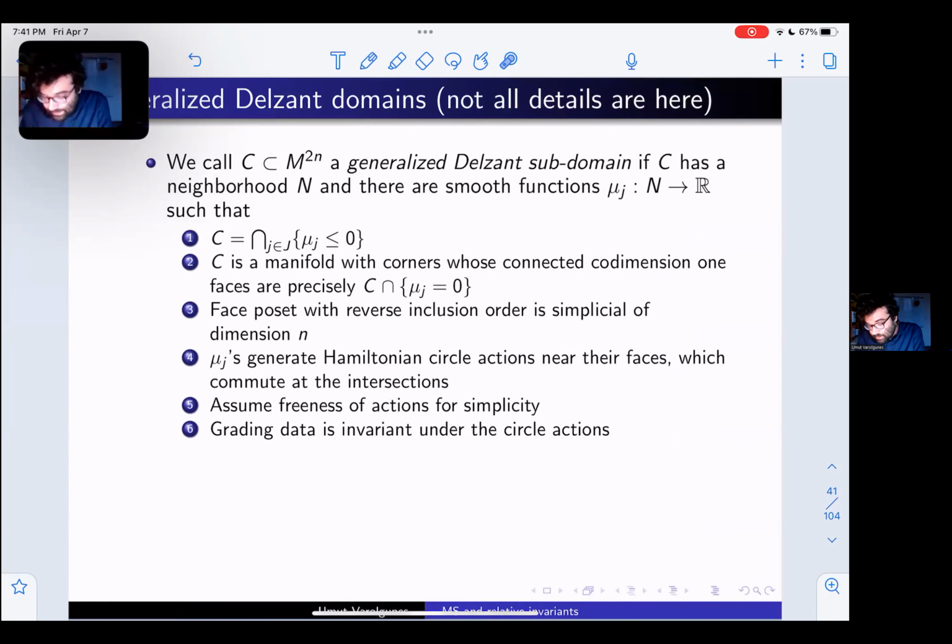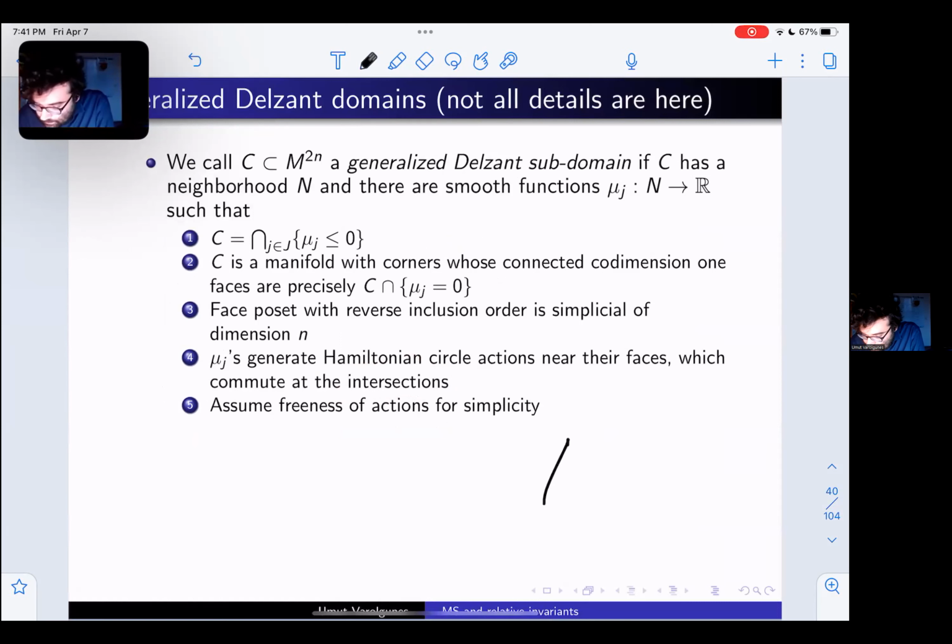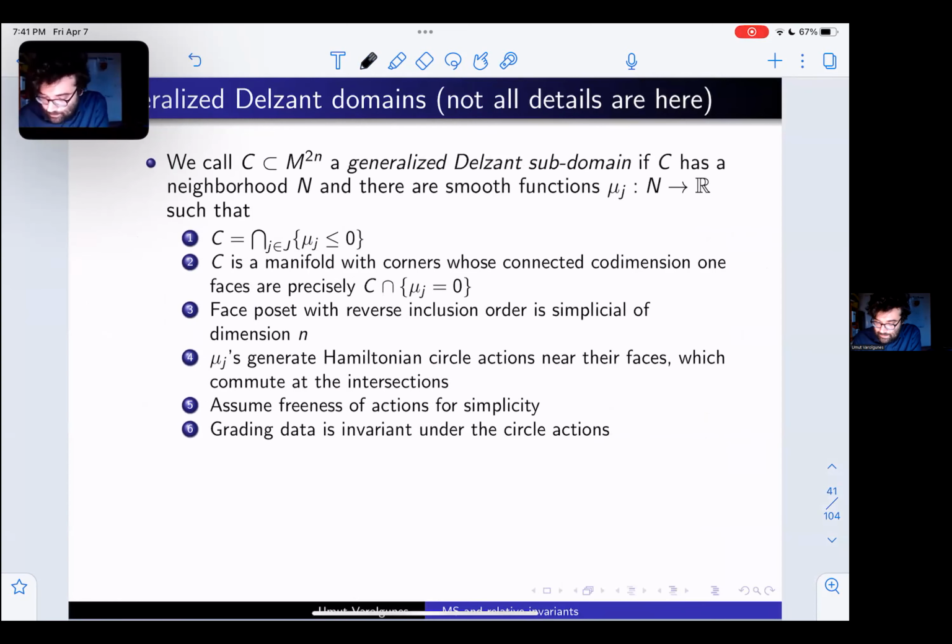Oh, and I also forgot to say they commute at the intersections. Oh, sorry, I went too fast. So they commute at the intersections, and therefore, let's say I have an intersection of two codimension 1 faces, which is a codimension 2 face. Here I have a T2 action. So I'm assuming all of these actions are free for simplicity. But as I said, I think this can be relaxed. It's just that it takes too long to write what the relaxation is.